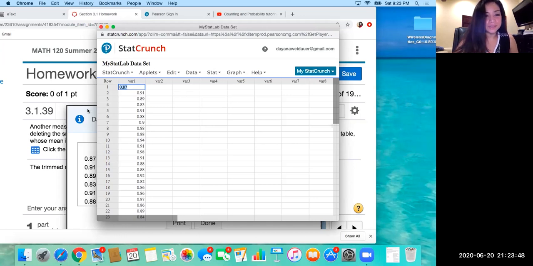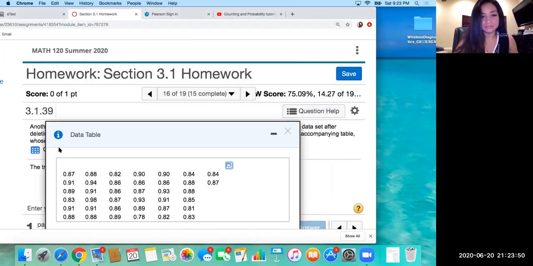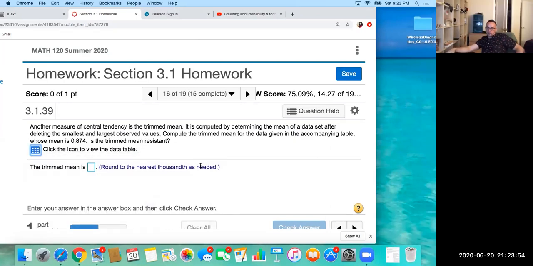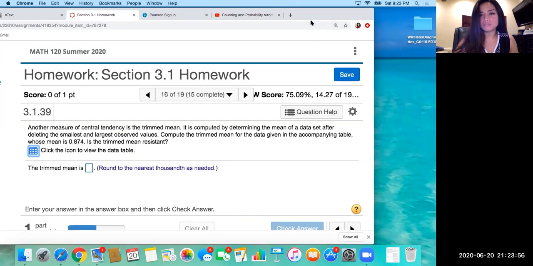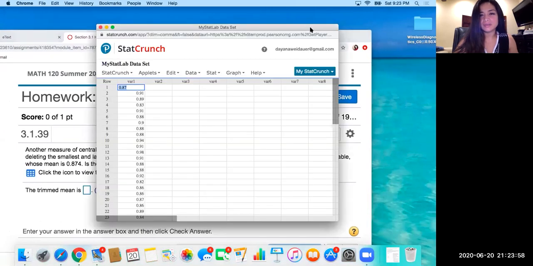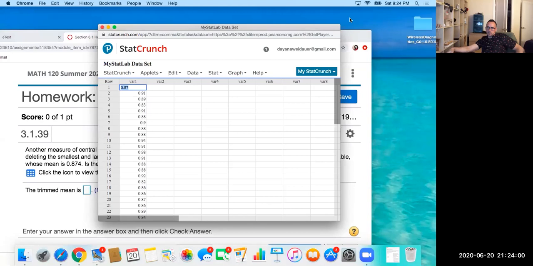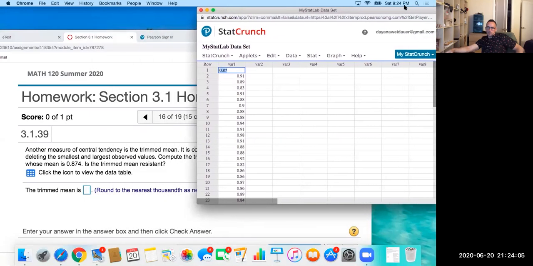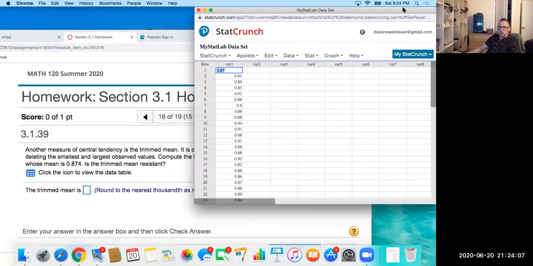Okay, so wait, it's asking me to do what? Find the trimmed mean. Well, it says is the trimmed mean resistant also. Yes, it is resistant. But first find the trimmed mean.